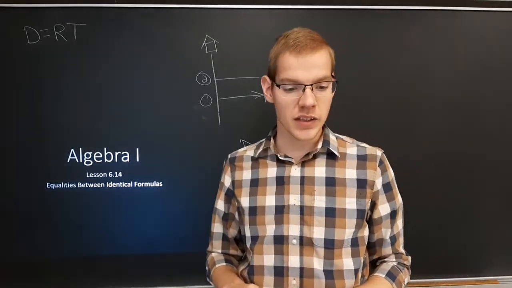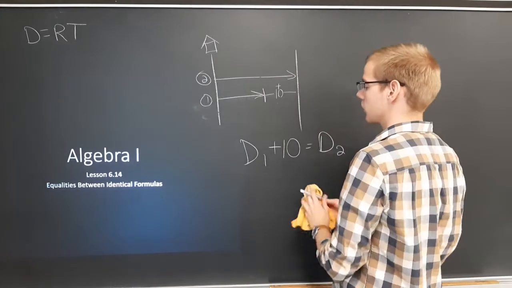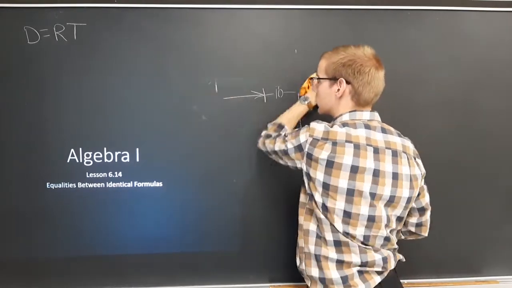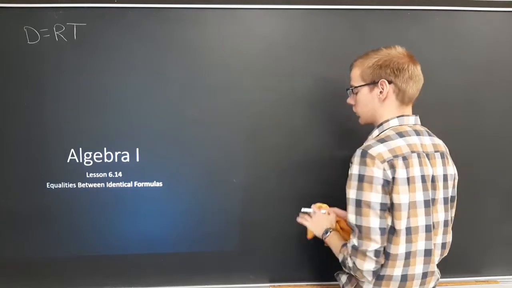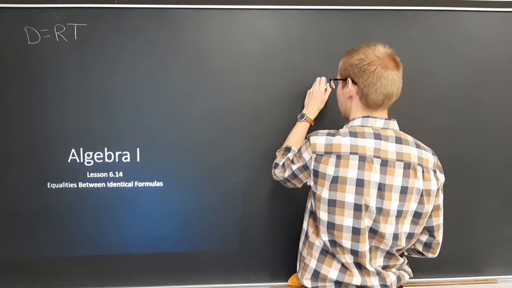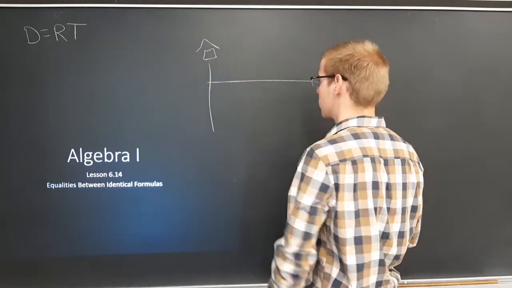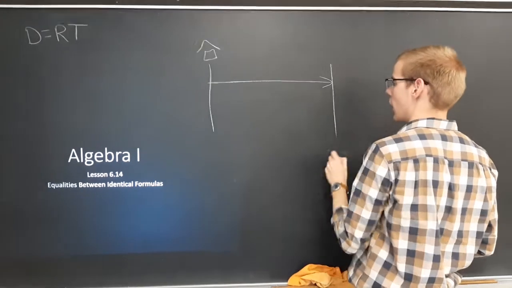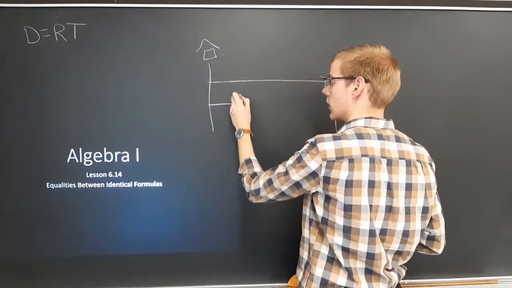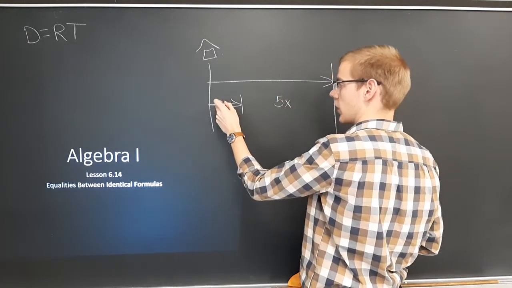And then there's the 4th one. Let's say both again start at home, and we have this guy, and this guy is 5 times this equals that.